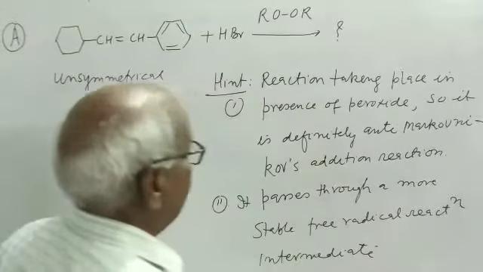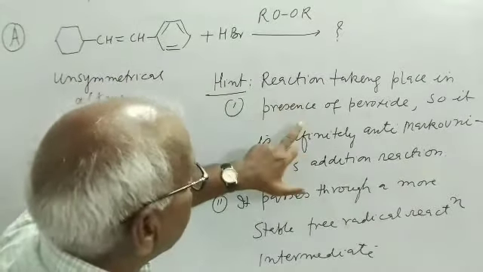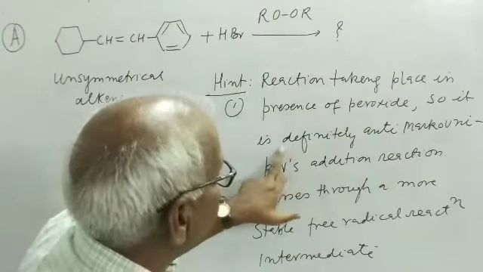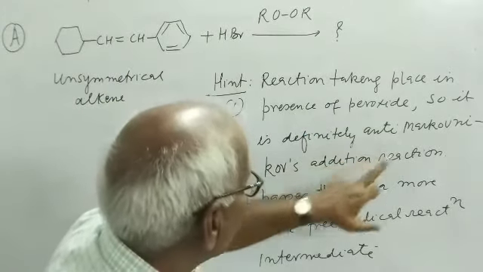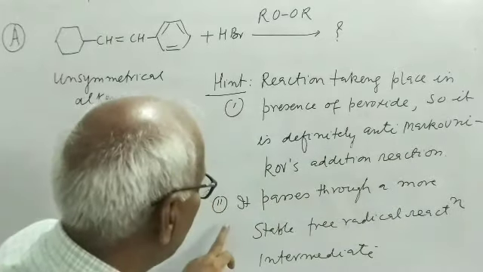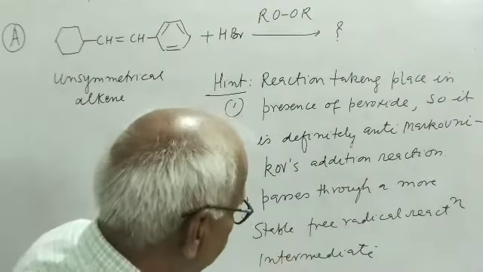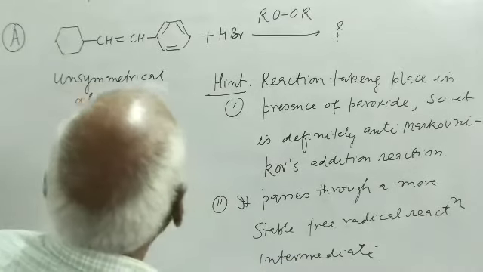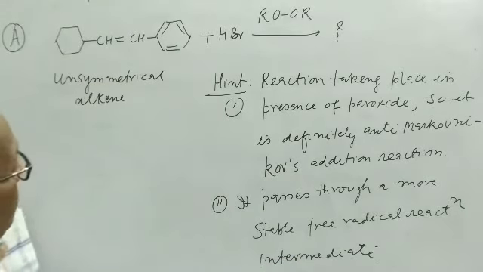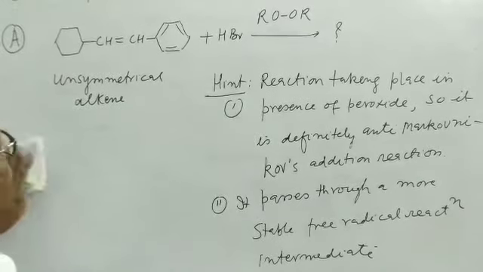These are the two hints. The reaction takes place in presence of peroxide, so it is definitely an anti-Markovnikov addition reaction. Number 2, it passes through a more stable free radical reaction intermediate. So I should try to write the mechanism of this reaction.